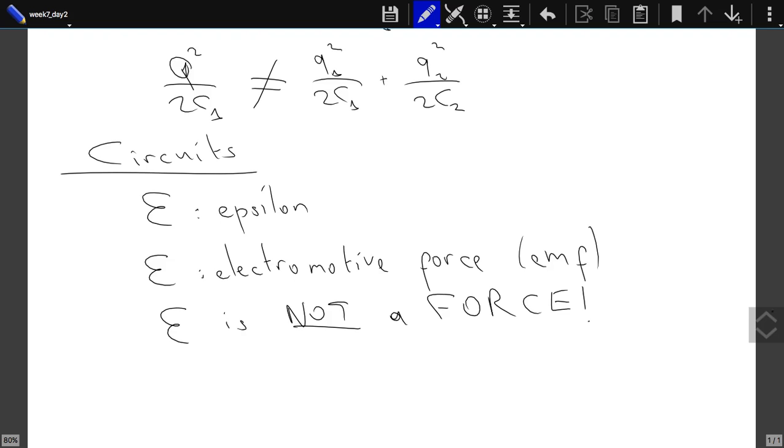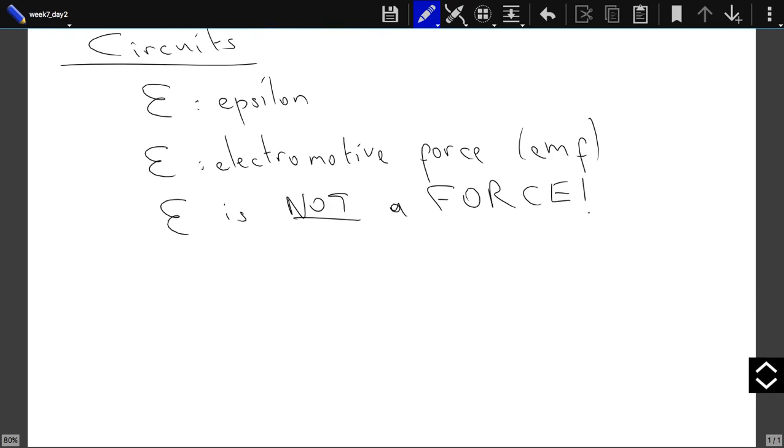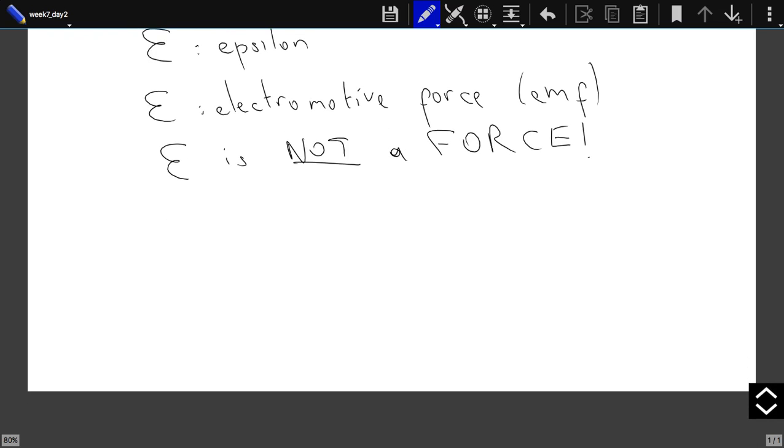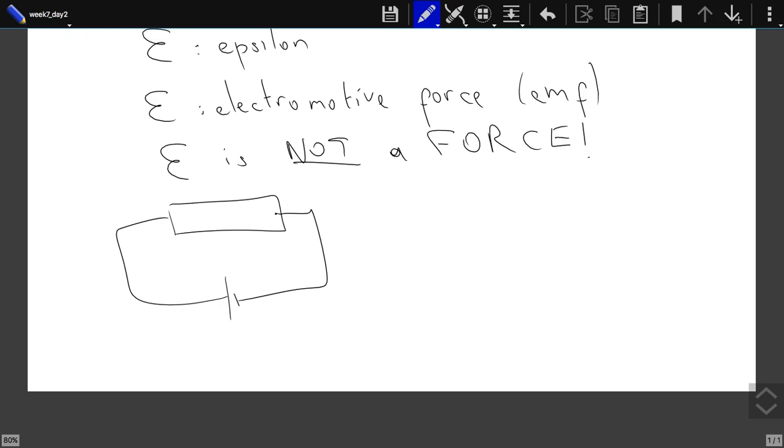So what is it? Well, we were considering batteries. Also on Tuesday, yesterday, last week, we started considering batteries. We said that, okay, if you have a battery, if you connect it to a resistor, it will take electrons from one side and give electrons to the other side. So this is what the battery does.